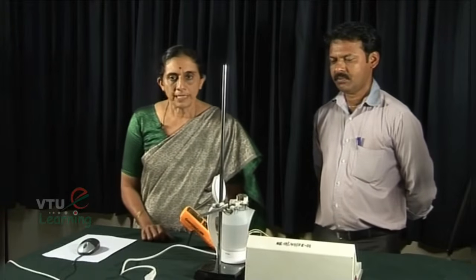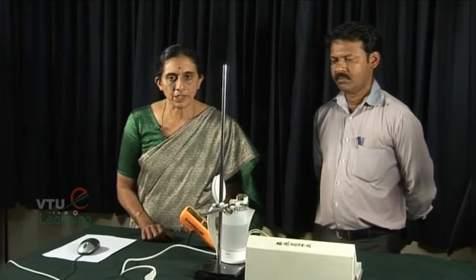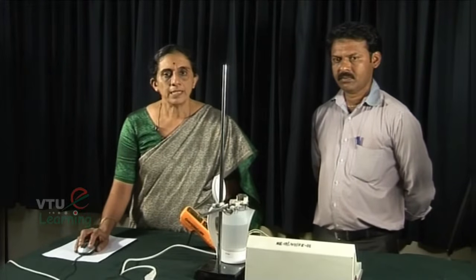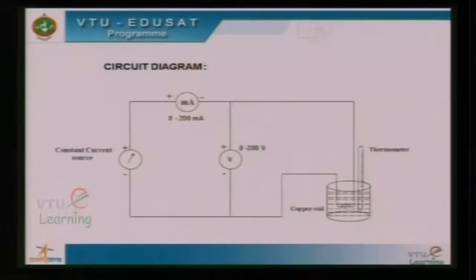We now perform the experiment to determine the Fermi energy using the circuit as shown here. So, we have a series connection of the constant current source, the milliammeter and the copper coil which is immersed in hot water bath, which is fitted with a thermometer.